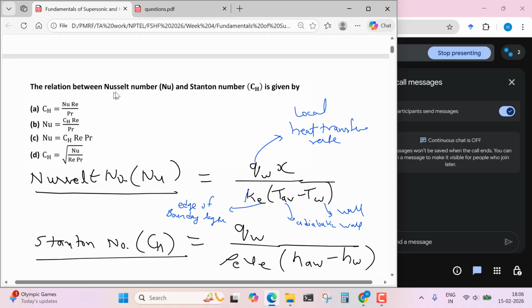Here Re is the Reynolds number, and Pr is Prandtl number.